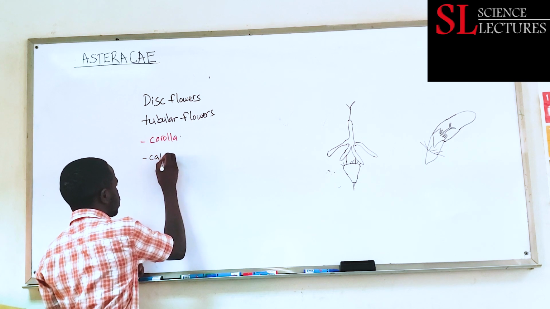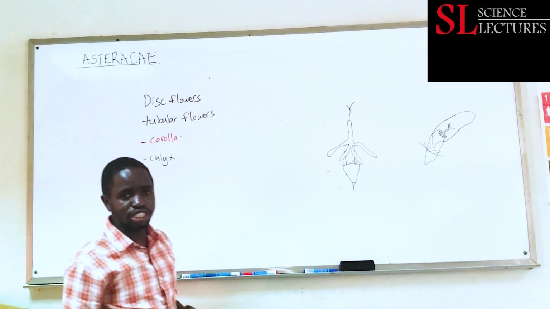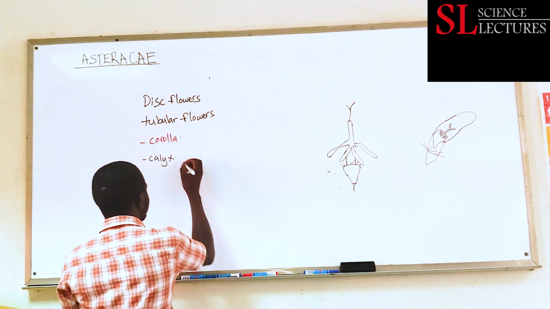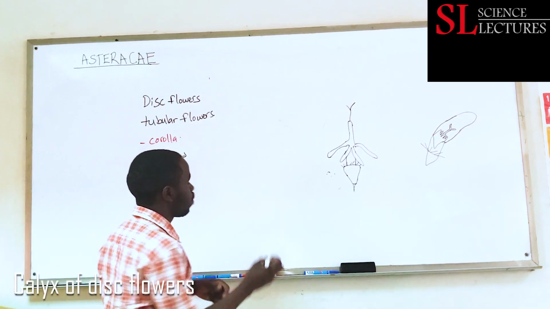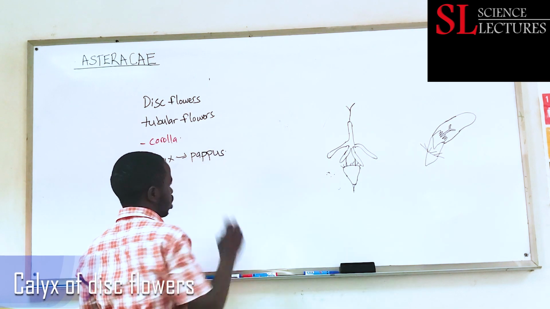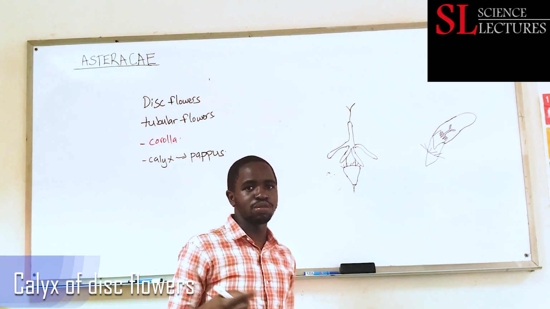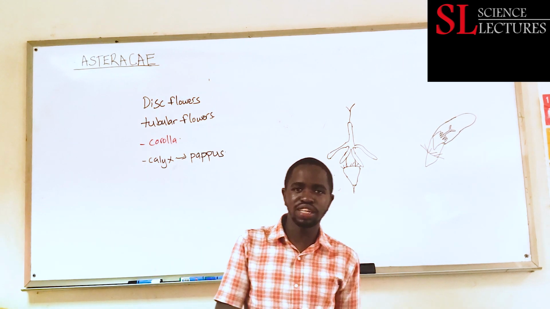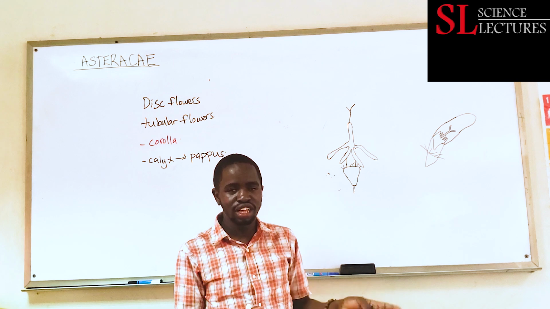The calyx. Another diagnostic character of this family is their calyx. Their calyx is modified to form a structure called pappus. So their calyx, which is the outermost whorl, is modified into a pappus. That is why in the beginning we say that members of gamopetali have a distinct corolla and calyx.